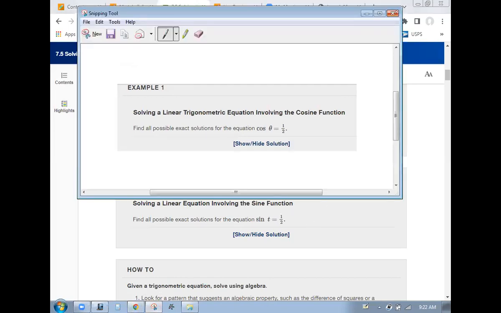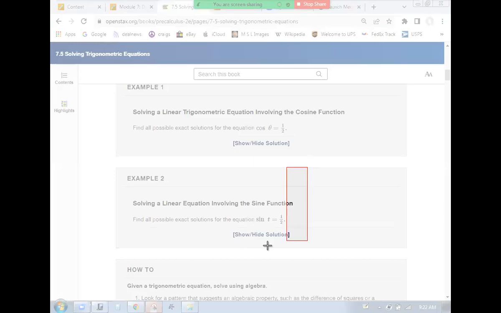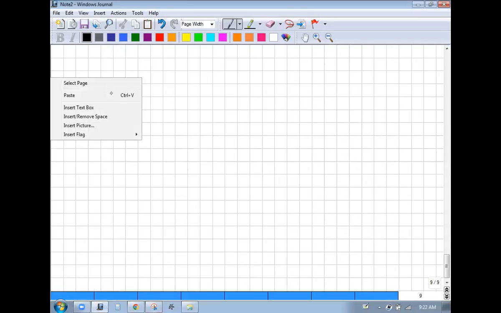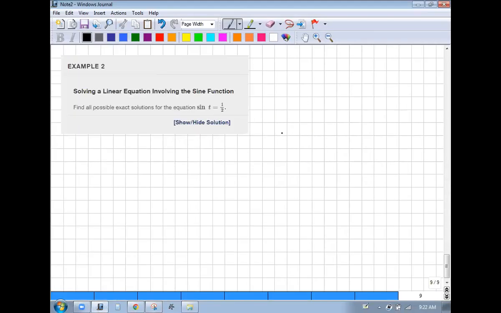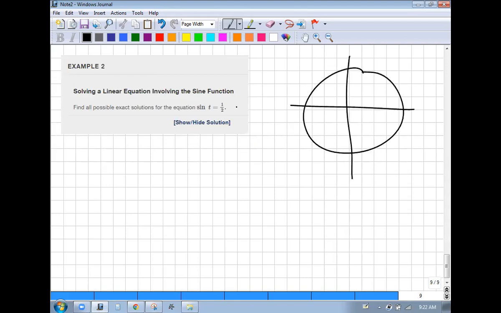Let's look at a sine one here. It could be just as simple, but the numbers don't come out as pretty. So here we're calling our variable t. So where is sine a half? Well, sine is the y value. So let's see. Here's all the y values of a half. So I need this angle and that angle, right? That's where sine is a half.